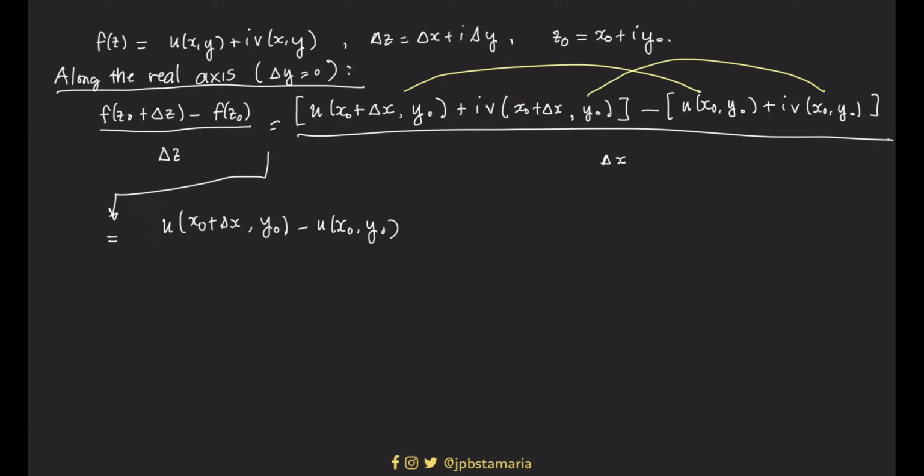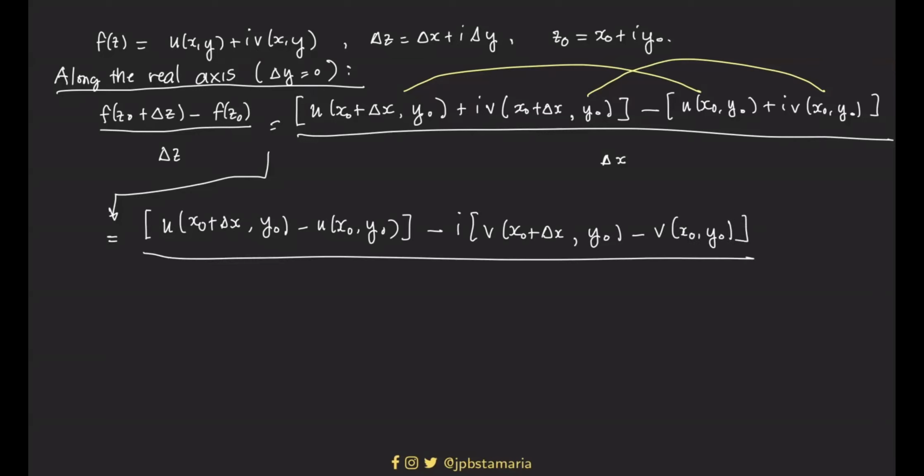Okay? Yan yung unang part. Minus I. May I ka dito, di ba? Para sila may I. V of x naught plus delta x, comma, y naught minus v of x naught y naught. All of this divided by delta x.